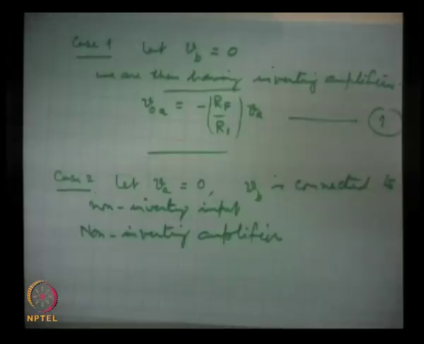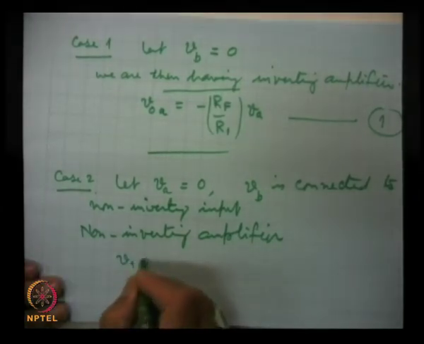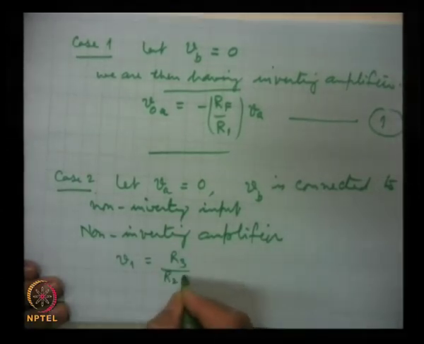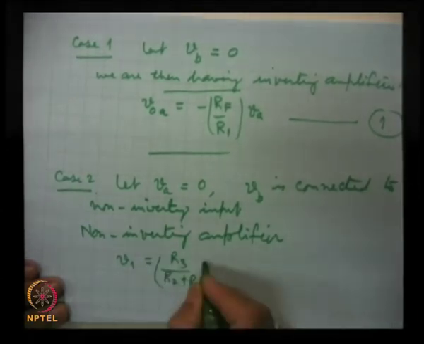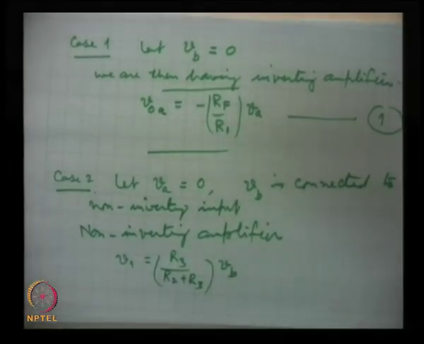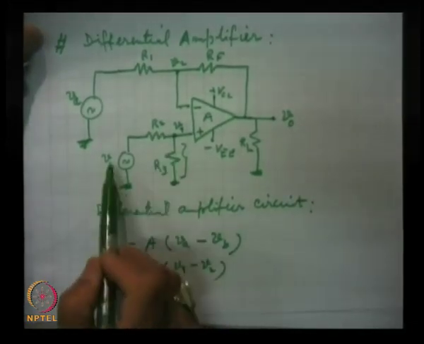So V1 obviously is R3 by R2 plus R3 into VB, voltage divider. This network is acting as a voltage divider for this voltage.